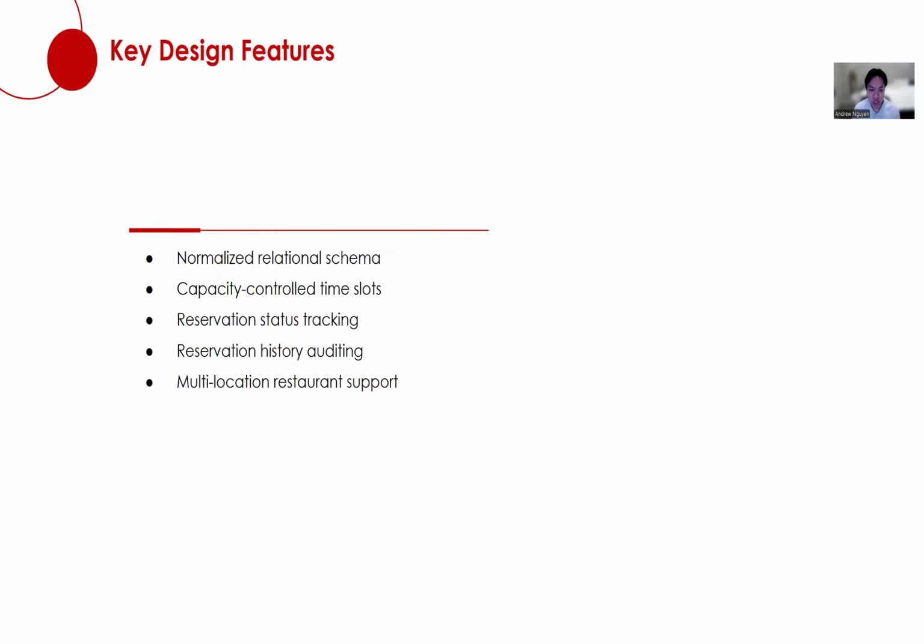Then reservation status tracking, which we saw in the last slide, of whether the reservation was canceled or booked. And reservation history auditing, which we also showed, which is just a list of all the reservations, and then they can filter to active, canceled, and so on. And multi-location restaurant support, which means a restaurant can be in multiple locations, or we support restaurants from all different locations.